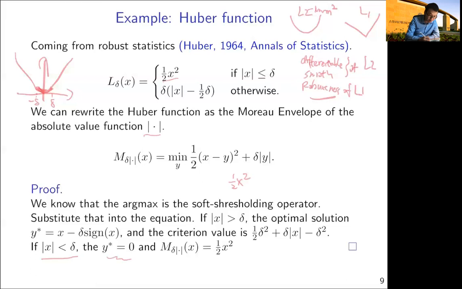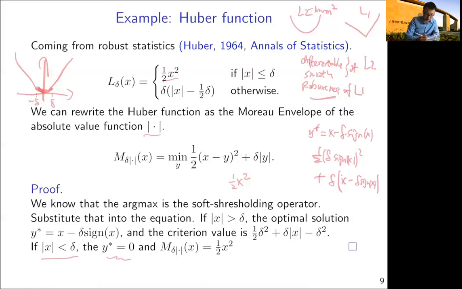And suppose we substitute y star equals x minus delta sign of x. Then we get half delta sign of x squared plus delta times the absolute value of x minus delta sign of x.